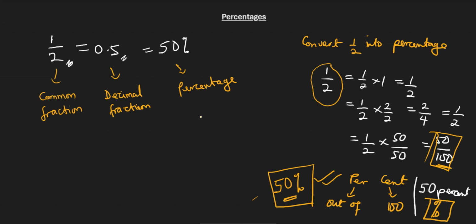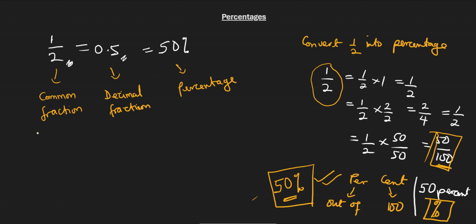They are all the same thing, just written in different formats. This is all percentage is about. It is the same number, but you are writing it out of 100 or over 100.